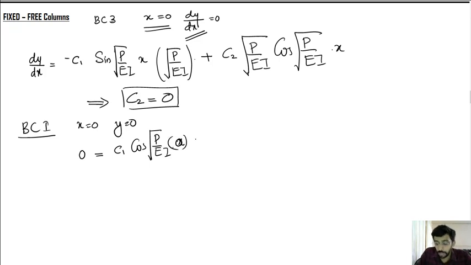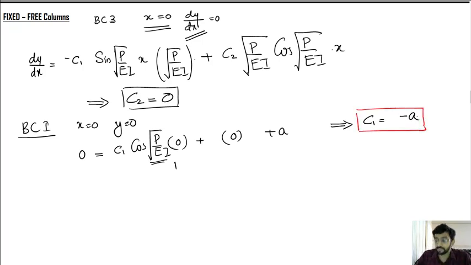So cos 0 plus c2 is 0, so the second term is absent and we have only a. Cos 0 is 1, so this value is equal to 1, and we get the value of c1 as minus a. So this is the second constant. By boundary condition 3 we got c2 as 0, and by boundary condition 1 we got c1 as minus a.